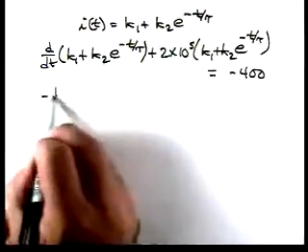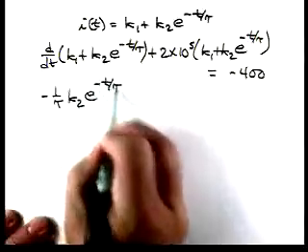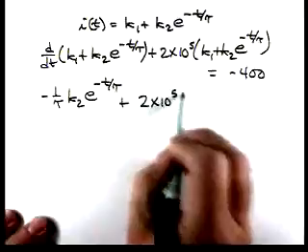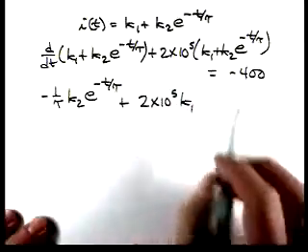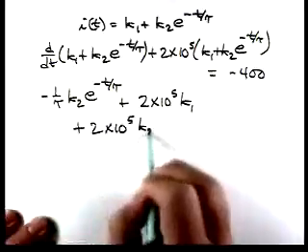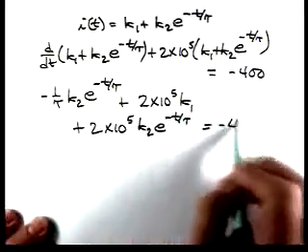So we'll have minus 1 over tau k2 e to the minus t over tau plus 2 times 10 to the 5th k1 plus 2 times 10 to the 5th k2 e to the minus t over tau equal to minus 400.